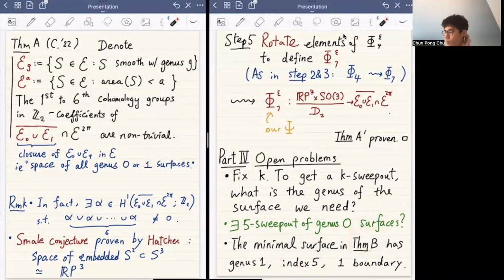And moreover, we are unsure if this minimal surface is the same as the one constructed by Carlotto, Franz, and Schulz. They constructed many minimal surfaces, and one of them has genus 1 with dihedral D2 symmetry. We are unsure if this is the same as theirs. So this is also one open question.